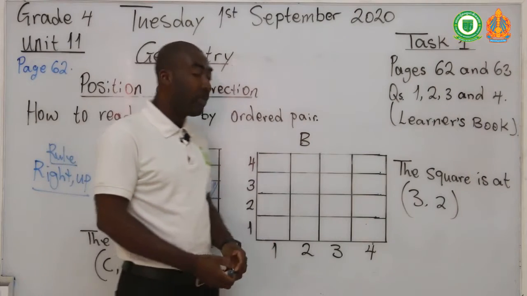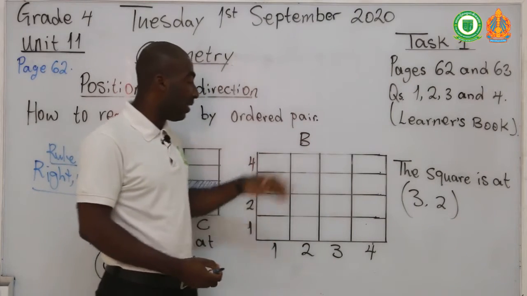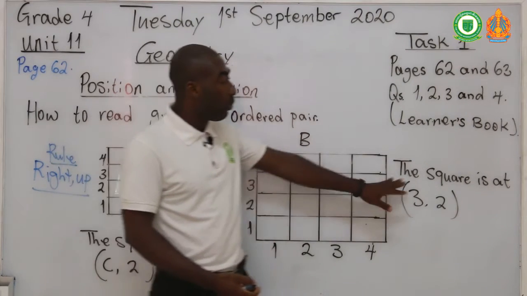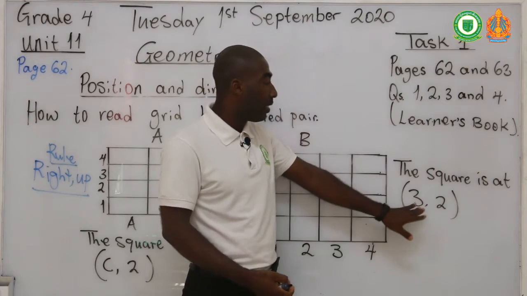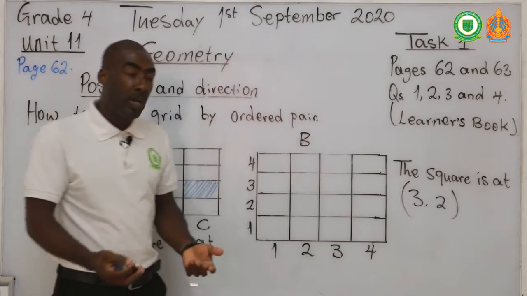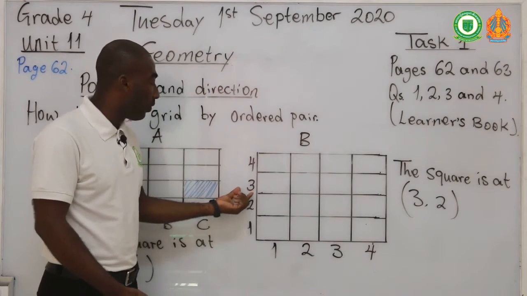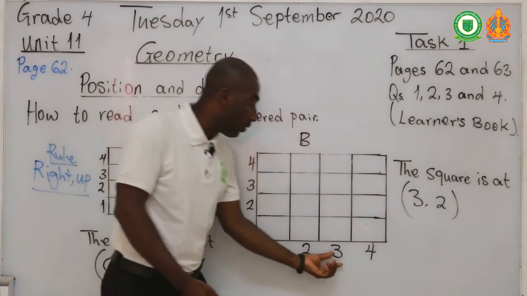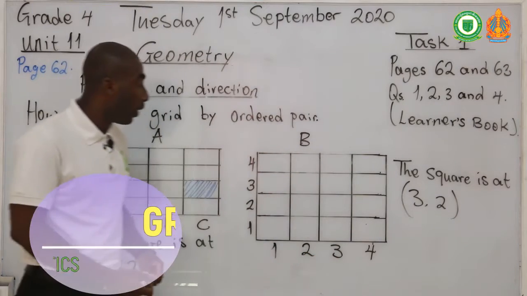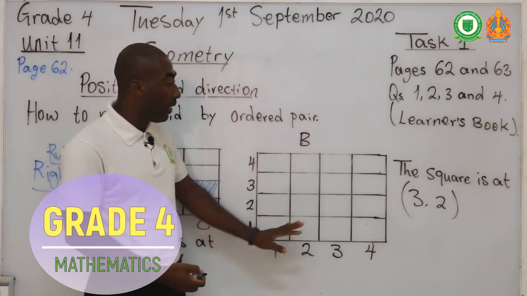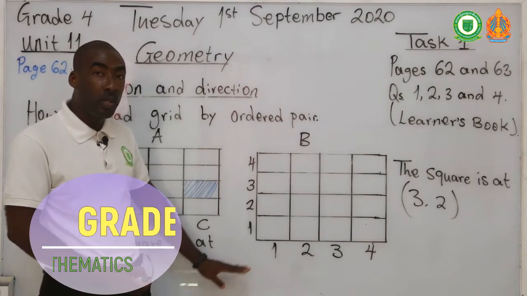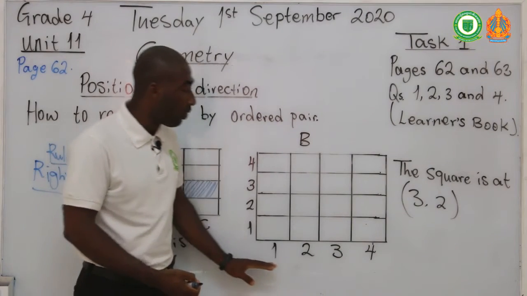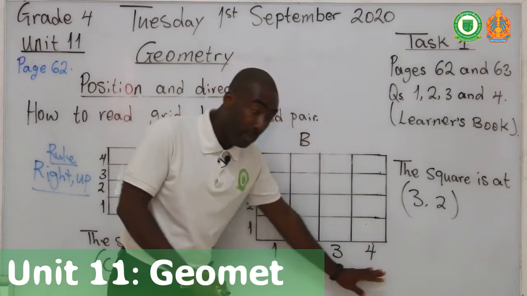Let's look at our second example, which is B. With B, we are supposed to put our square at 3, 2. So someone will ask, do we use this 3 here or do we use this 3 here? Well, the correct way of reading your grid is always going in the right direction. That means you have to use the numbers at the bottom first.